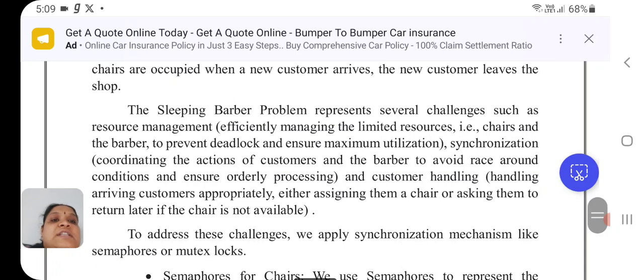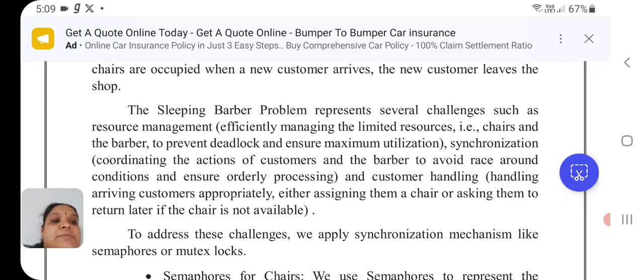So the sleeping barber problem represents several challenges. One is resource management, that is, efficiently managing the limited resources, the chairs and the barber, to prevent deadlock and ensure maximum utilization. Another is synchronization, where we coordinate the actions of customers and the barber to avoid race conditions and ensure orderly processing.